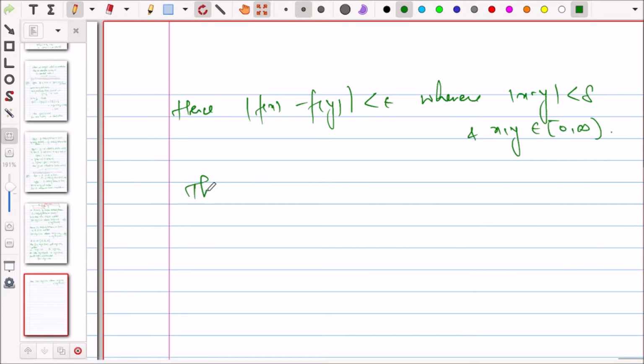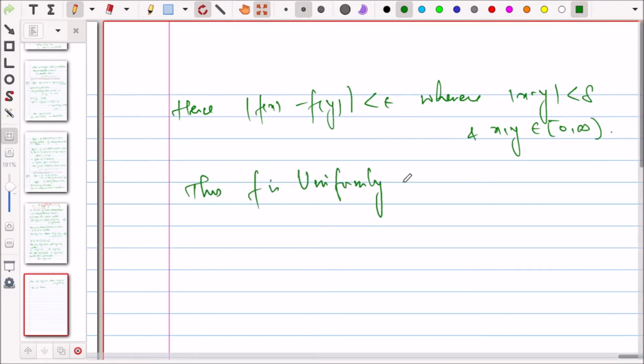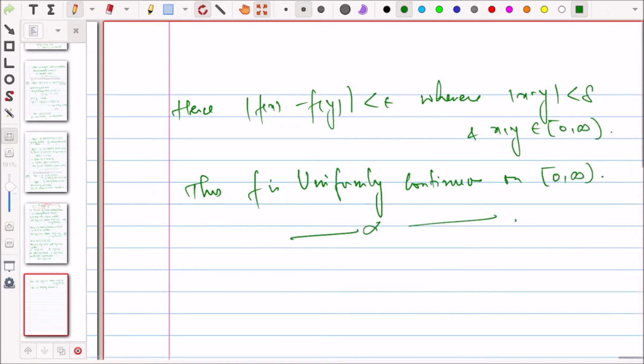Thus f is uniformly continuous on 0 to infinity. So this completes our question number 11. Now let us move to question number 13.